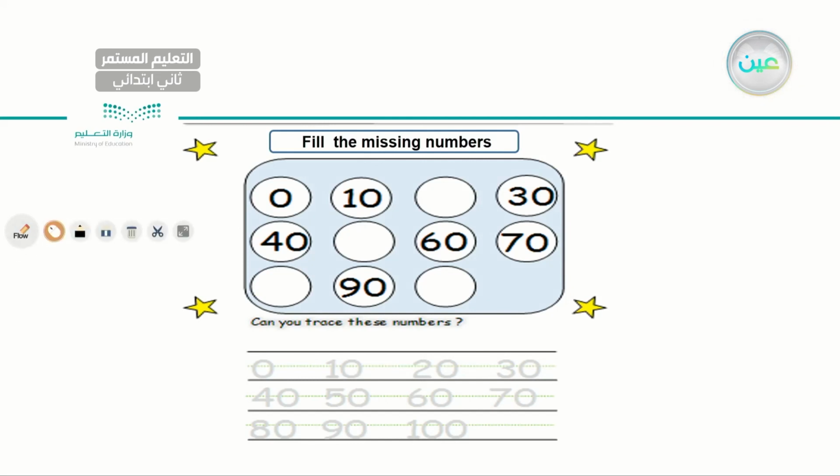Now, what I need you to do here is fill the missing numbers first. Okay, we already traced, so let's go ahead. I have 0, 10, and then I have 20, excellent, 30, 40, 50, excellent, 60, 70, I have 80, 90, and 100. Very good. Very good, my dear student.